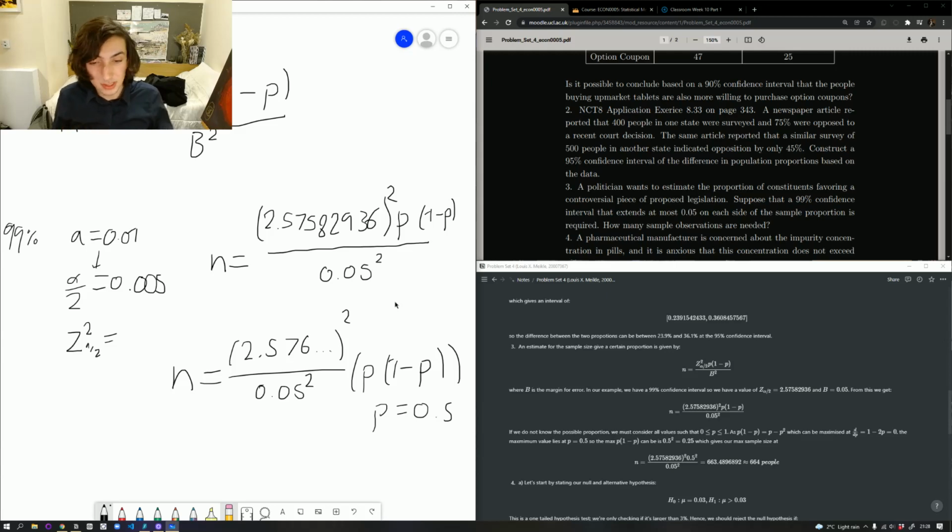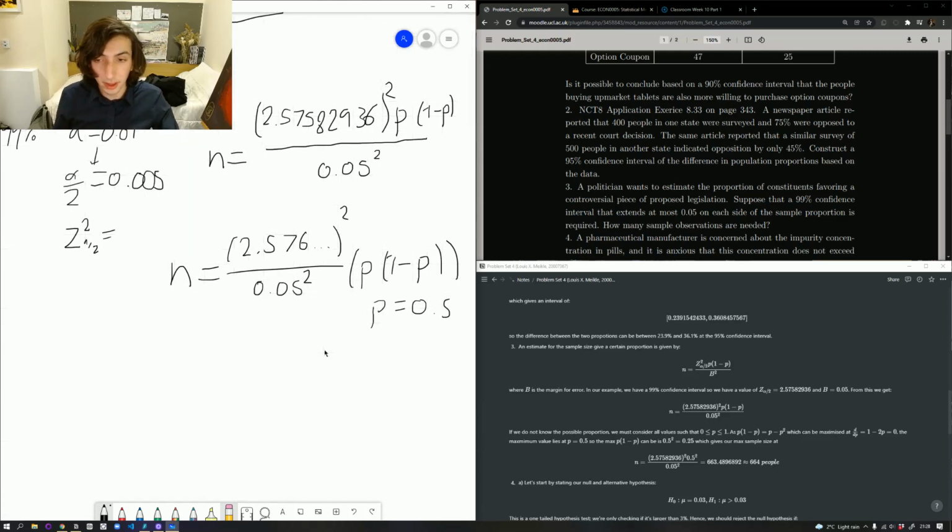So after you insert all those values in, you end up getting n is equal to 663.4896892 people. Of course, we need to round up, because 663 people would be too small, and 664 is just over, which works for us.